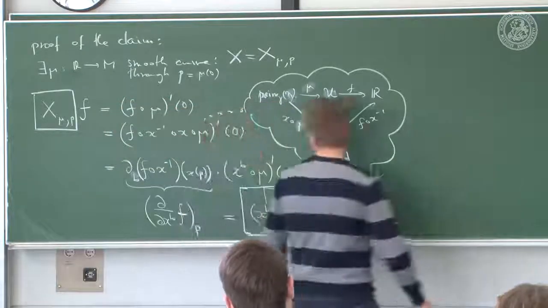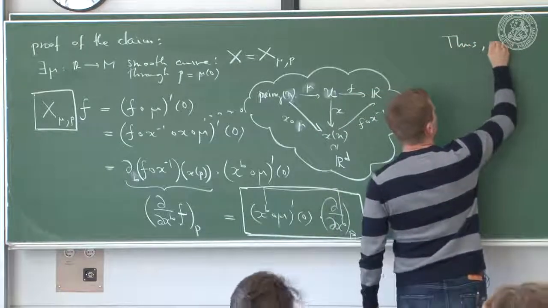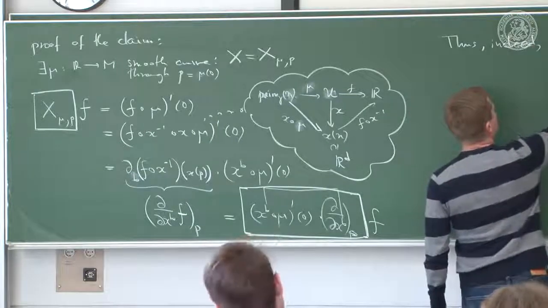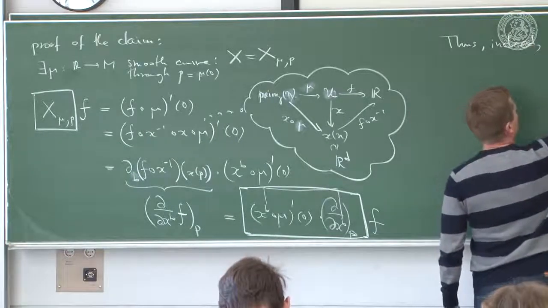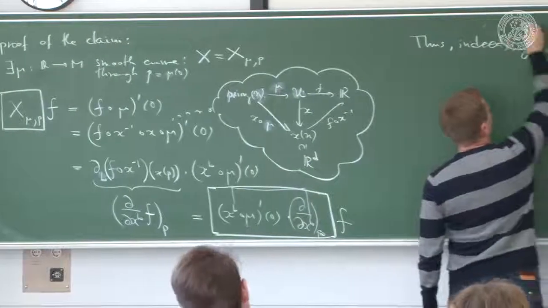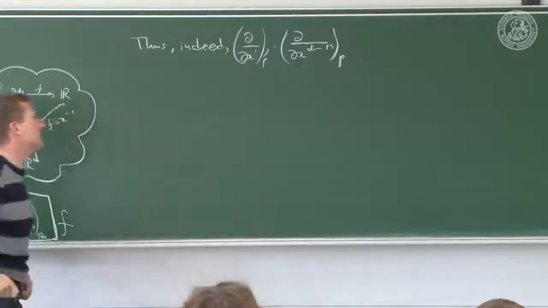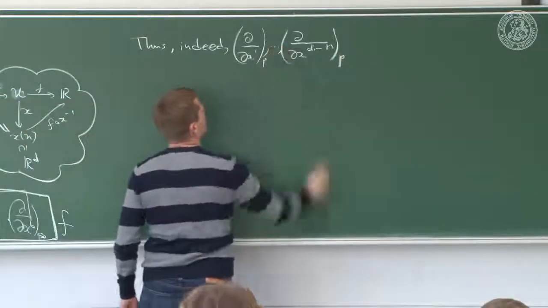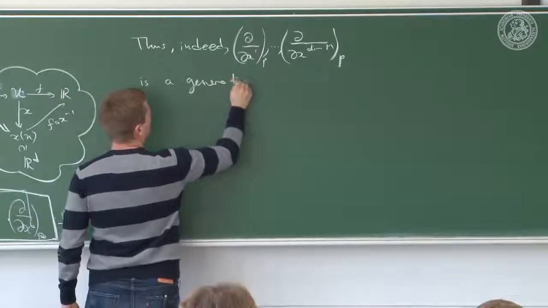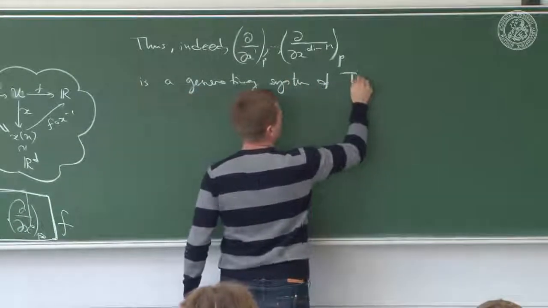Okay, so thus, indeed, the d by dx^1 to d by dx^m, and if you're very careful, you say they act, but then they evaluate at p. This set is a generating system of T_pM.